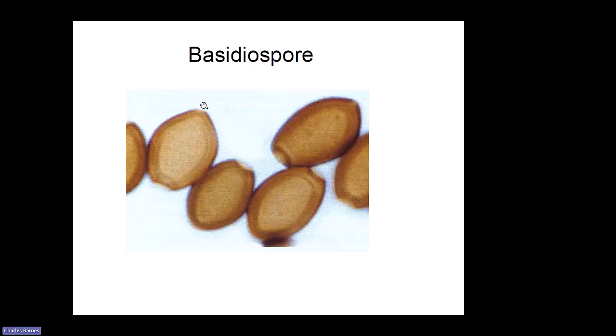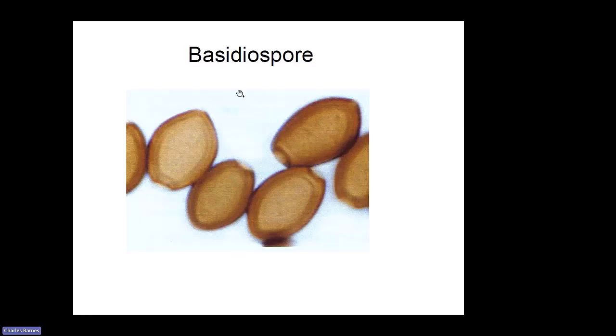Now, basidiospores are very much the same way, except they are produced on a basidia, which is a stool-like structure. And so you have a structure on the basidiospore that has an attachment site and a germ pore, or a place where the DNA would escape, or place where the next organism would start to spring from.